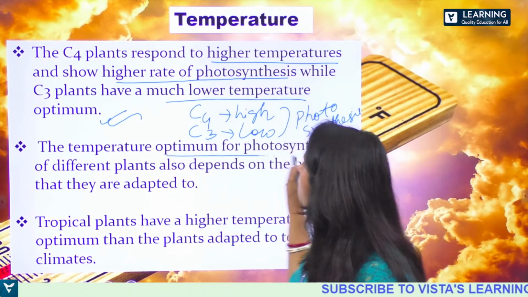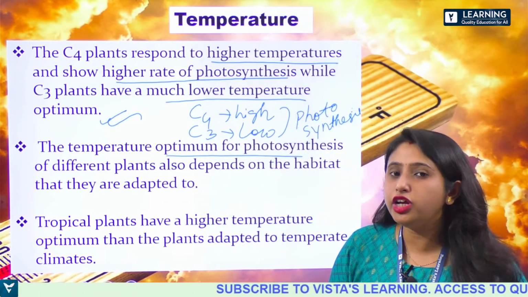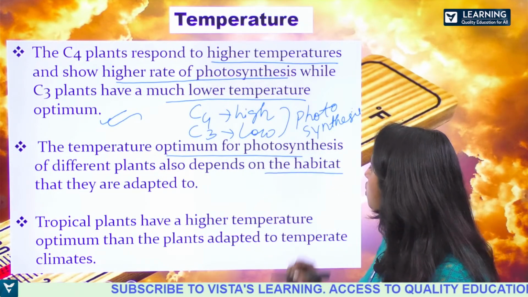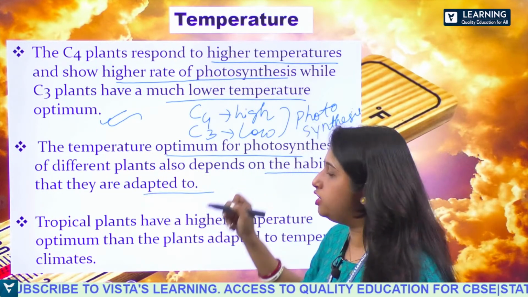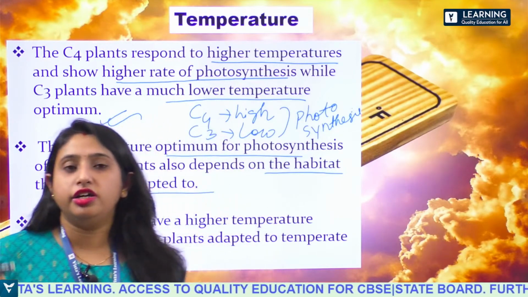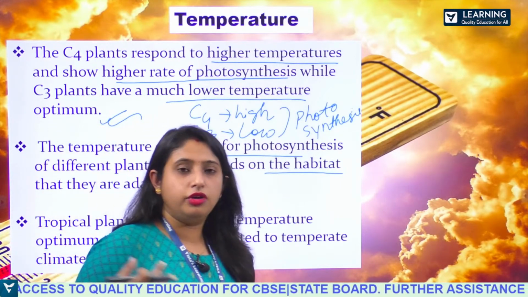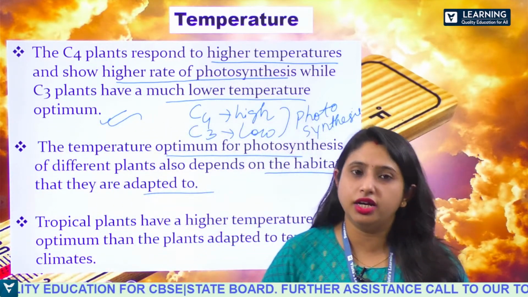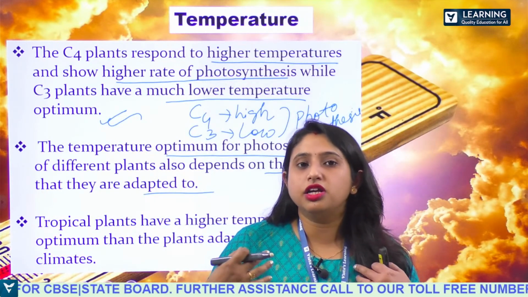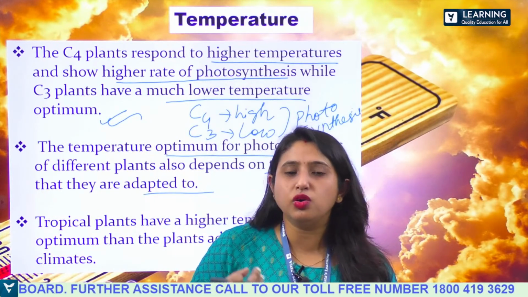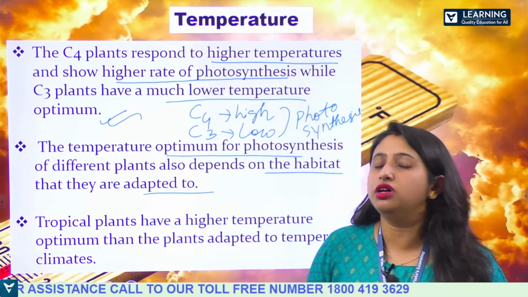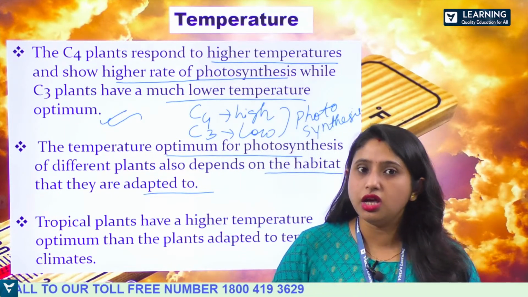The temperature optimum for the photosynthesis of different plants also depends on the habitat they have adapted to. You know that there are plants like cactus, which will be in the desert area. Some plants love to be in moist places. So it depends on which area the plants have adapted to.